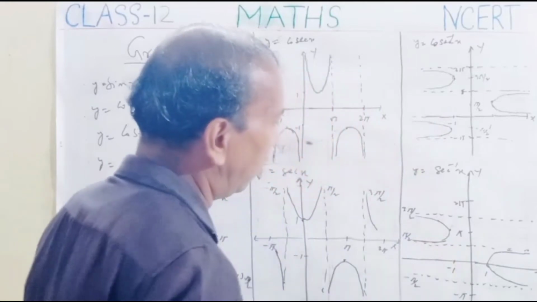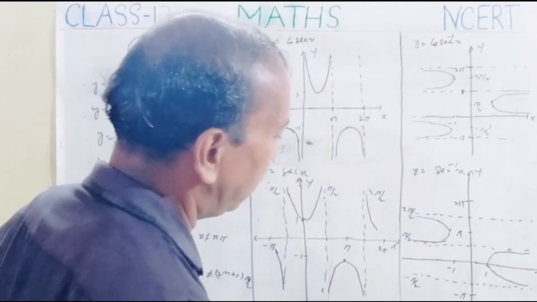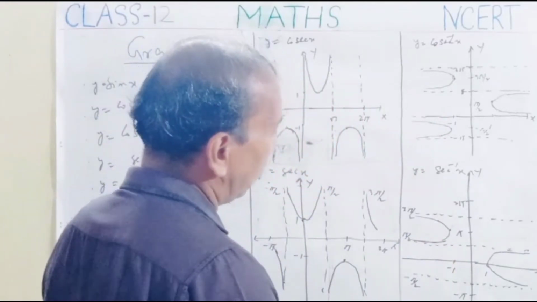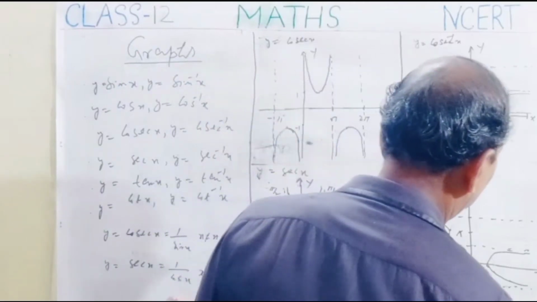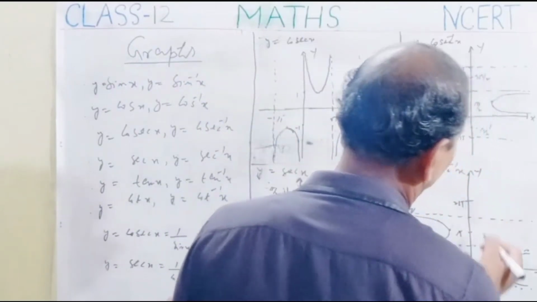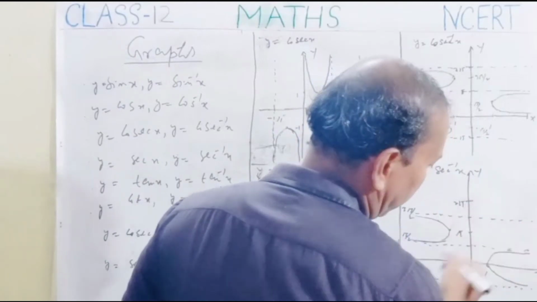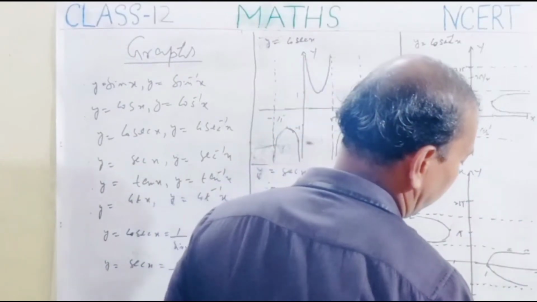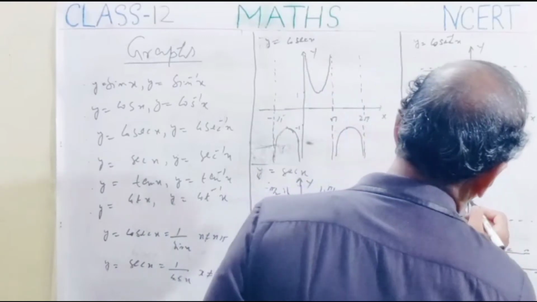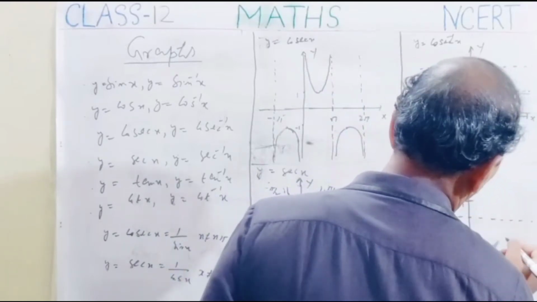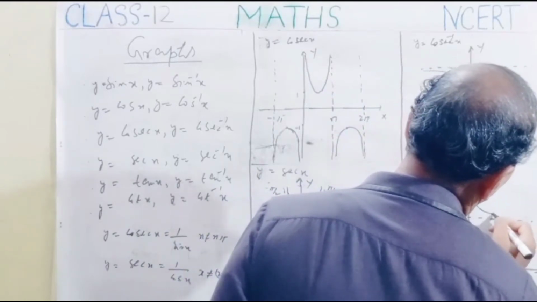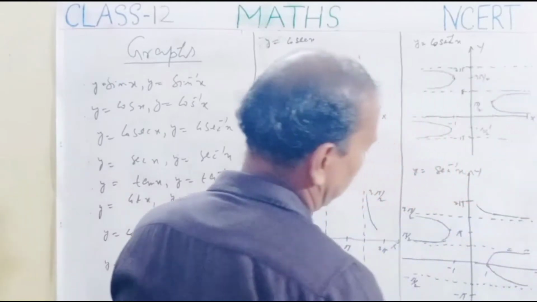Now let's suppose at this point, in the case of 2 pi, it is not defined at 3 pi by 2. So this graph will be something like this.